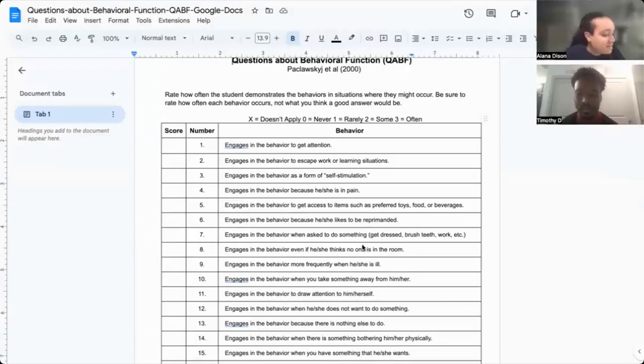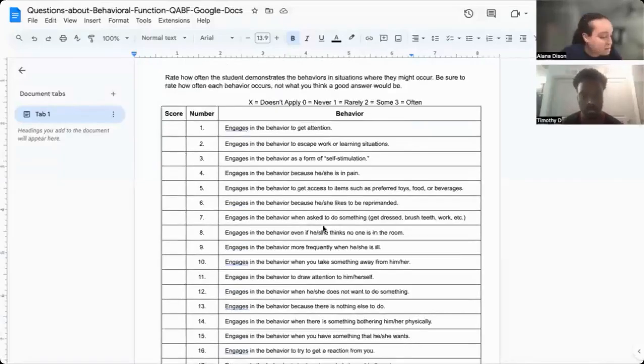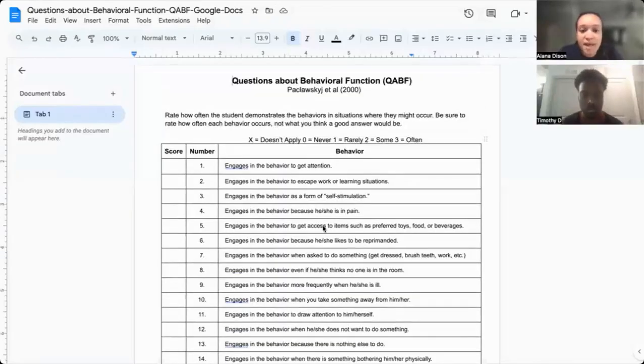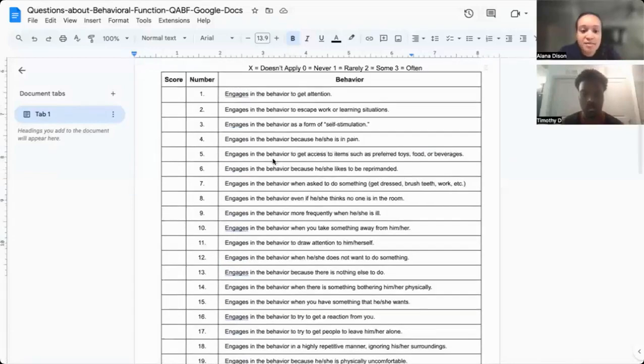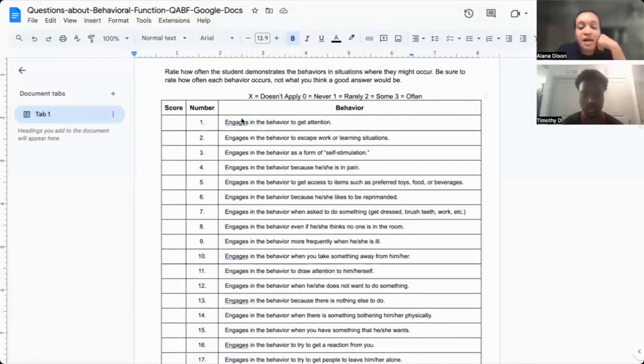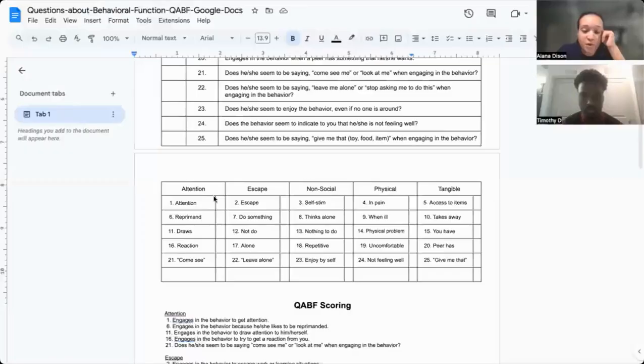So basically, this tool is going to help to standardize the data that's collected during the interview. These are the interview questions or statements. You ask all 25 of these questions. Well, not ask the questions. I give the statement, and then using the Likert scale, you give me X, 0, 1, 2, or 3. And then from there, we score.